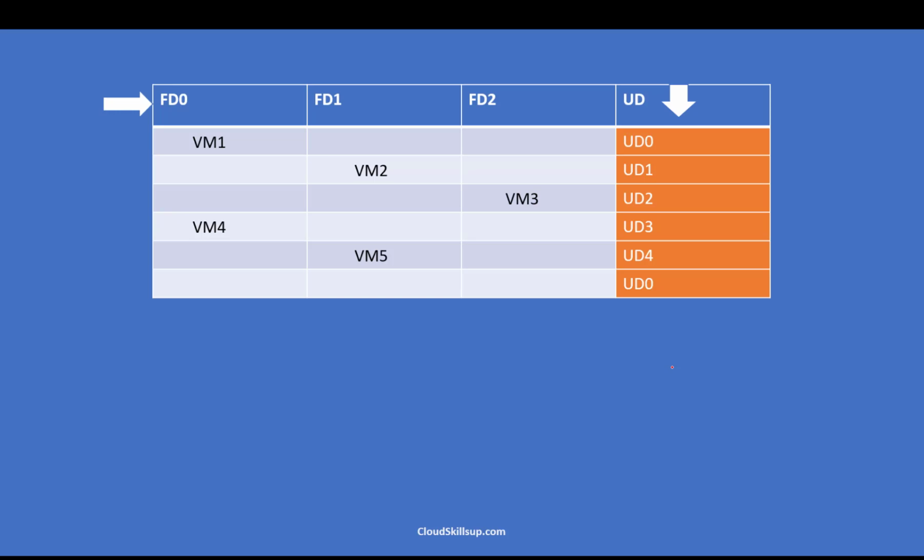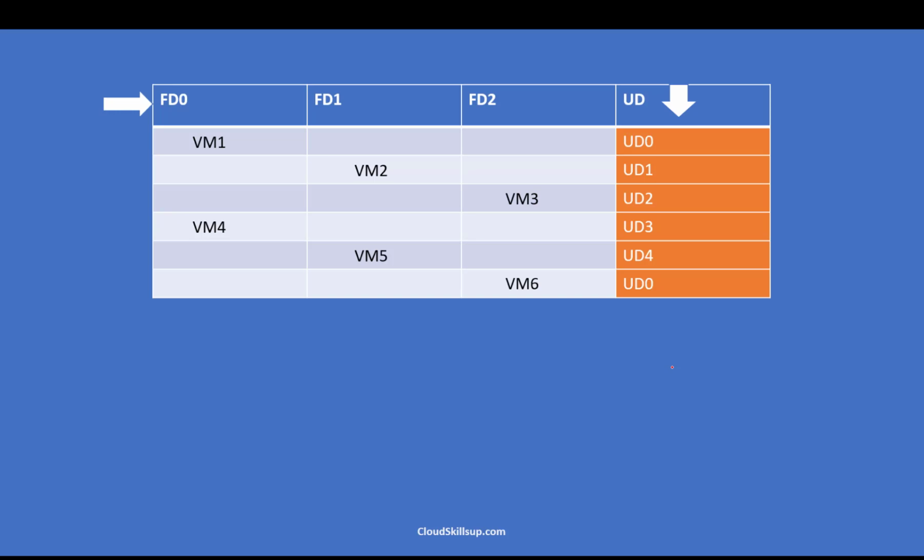Update domain 4 means you have reached your limit of 5 update domains. So when the sixth VM spins up, it will be placed into fault domain 2, but this time it will use update domain 0.